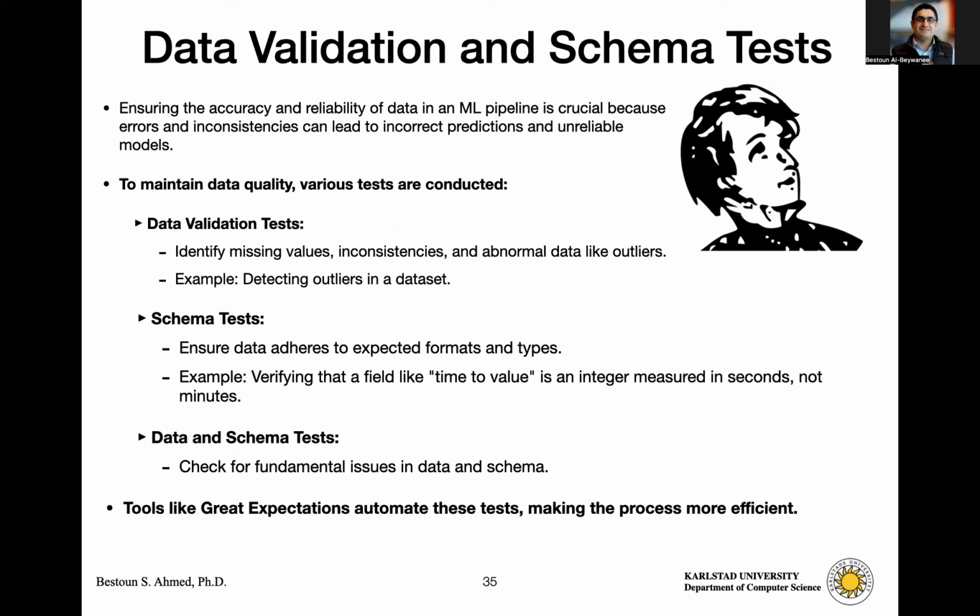Another thing is to test the schema validation. So you have a data format, but you want to make sure that, for example, for 1 million data points, the format is consistent. It has the same schema, verifying that a field like time or value is an integer, for example.